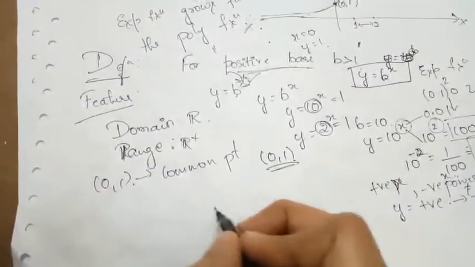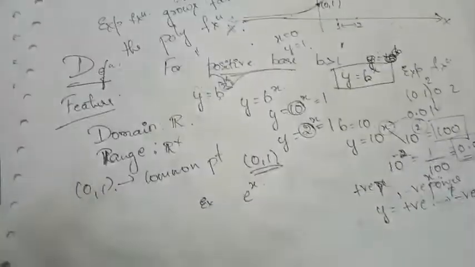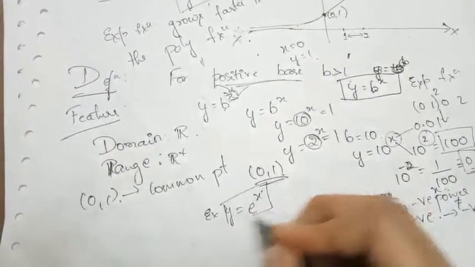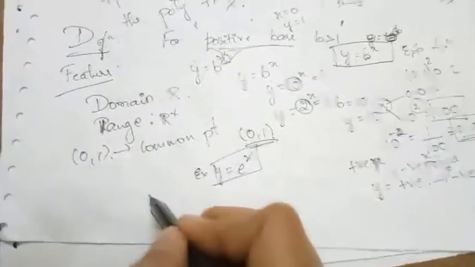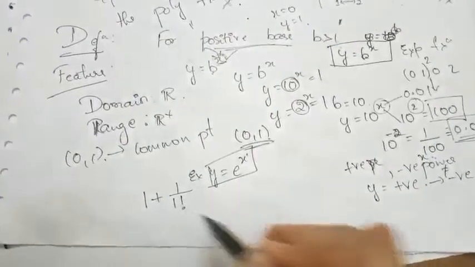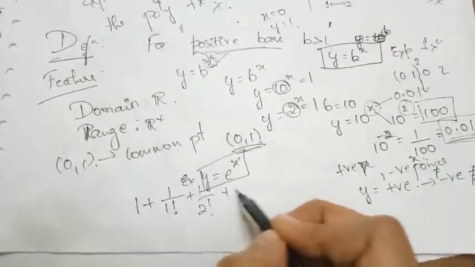In our earlier classes, we have come across the exponential function, that is e to the power x. We call y is equal to e power x also an exponential function. What is this e? e is nothing but the value of 1 plus 1 by 1 factorial plus 1 by 2 factorial plus so on.